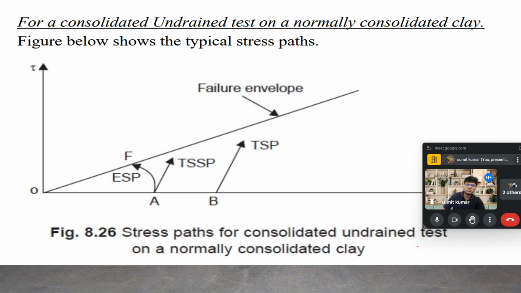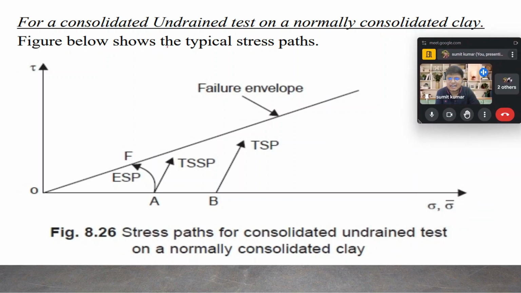So in this image you can find very easily the typical stress path for the consolidated undrained test on normally consolidated clay, in which the failure is represented. In this figure we can see that the ESP, TSSP and TSP are represented.